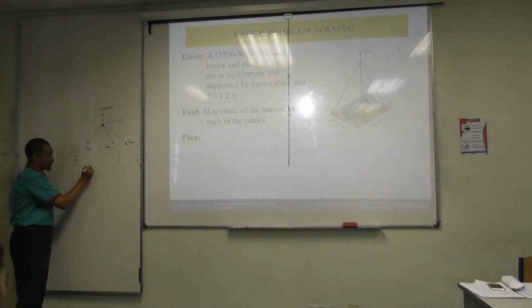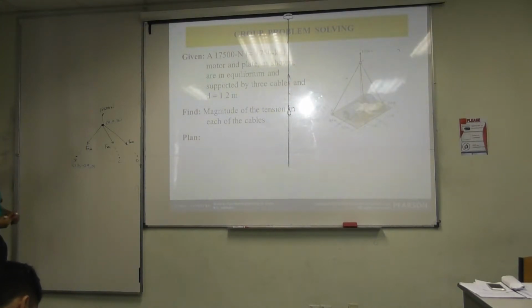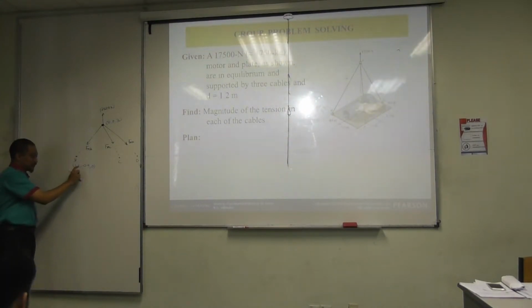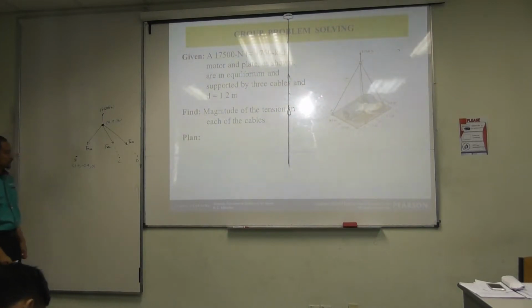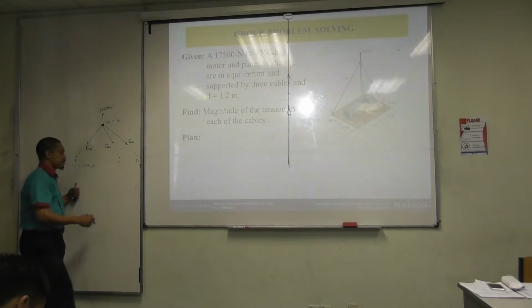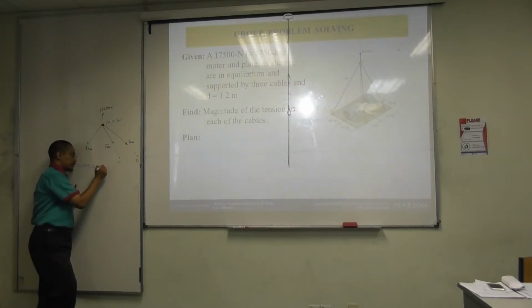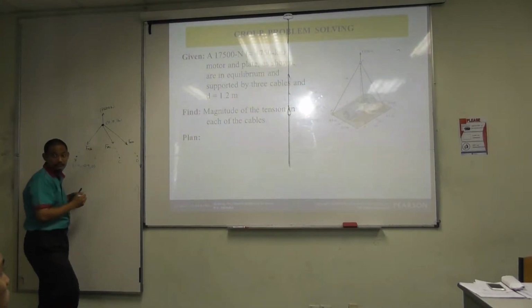Negative 0.9. So make sure you do not make a mistake between X and Y. Make sure you take note of the negative. What about point C? Coordinate of point C? 0 point?